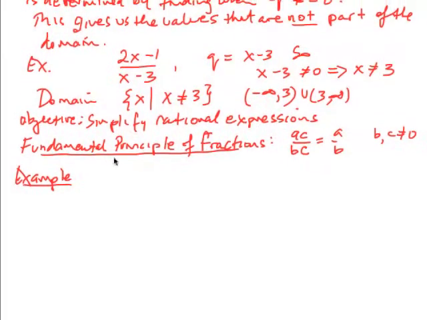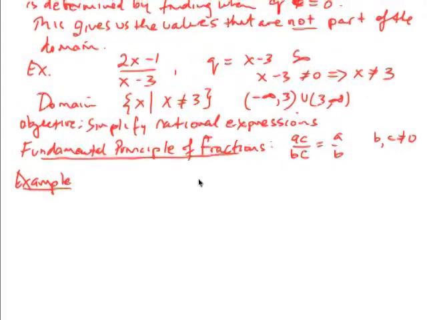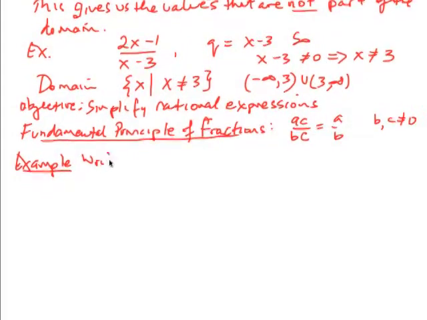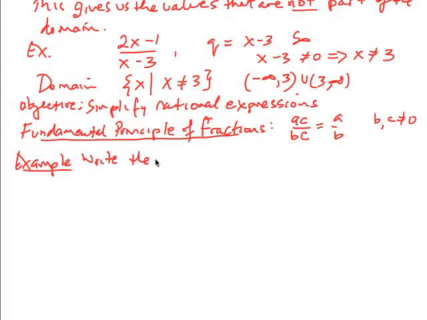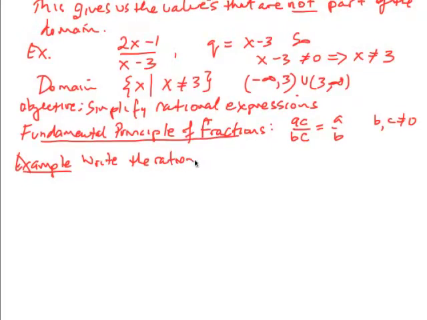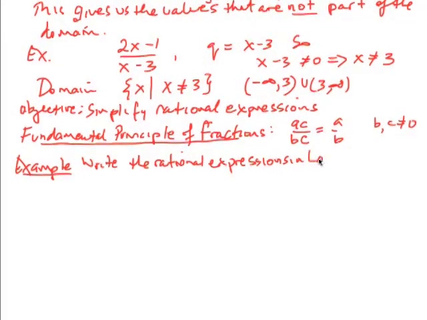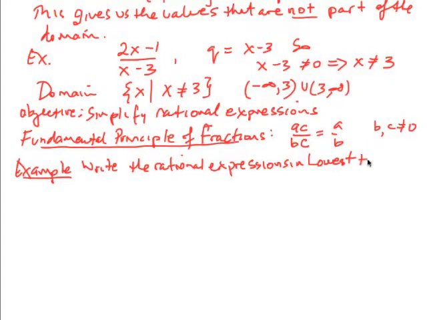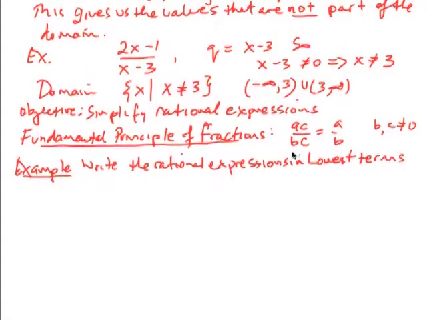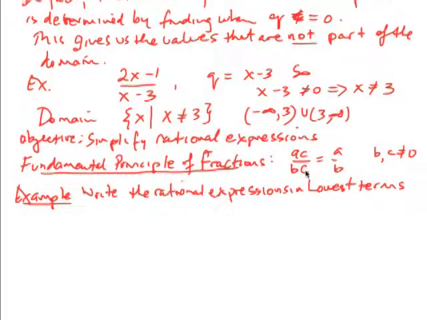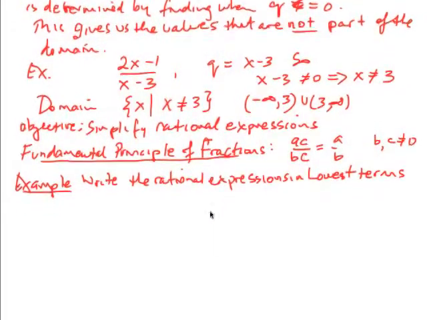This is called writing expressions in lowest terms. Notice it's lowest terms because we've factored out the C from the top and the bottom.